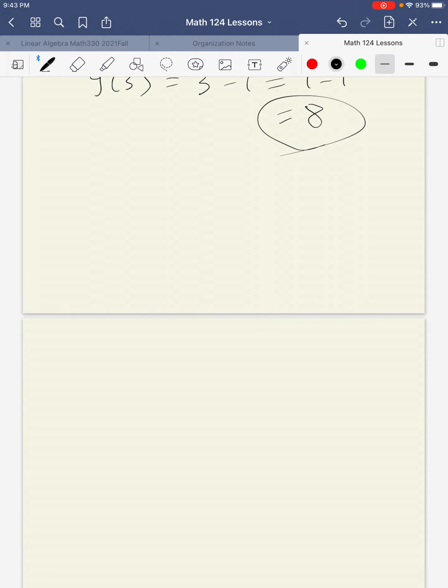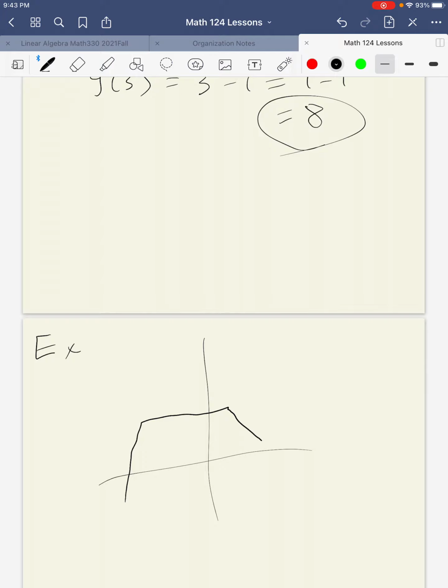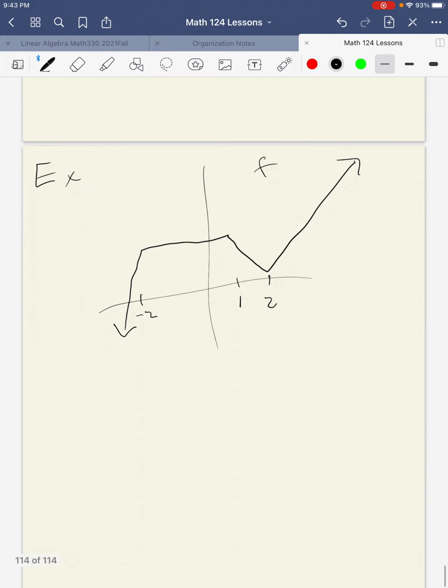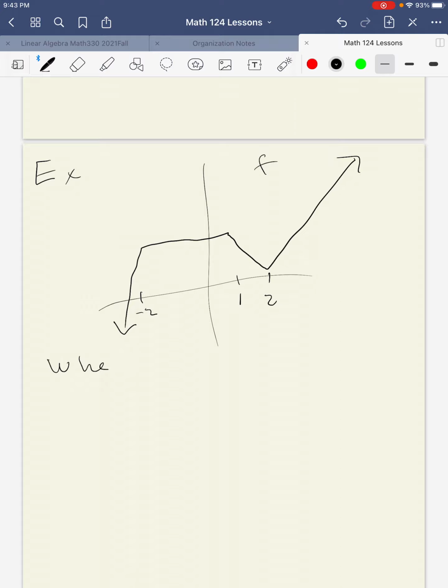Okay, let's turn our attention to a new example. Here's a function. Let's call this function f. Let's find when f is increasing, constant, and when it is decreasing.